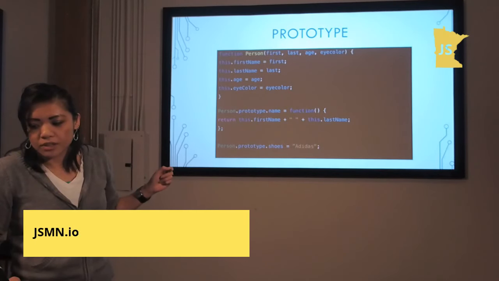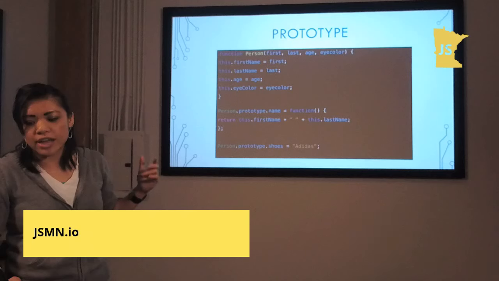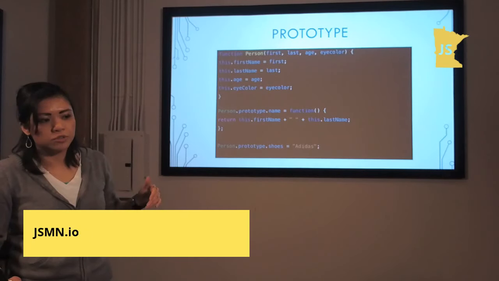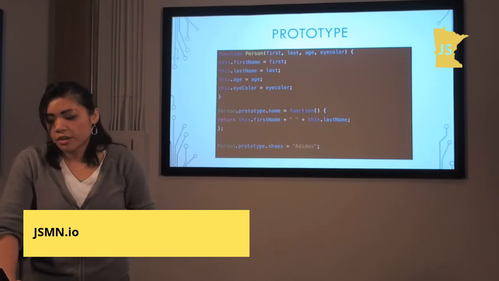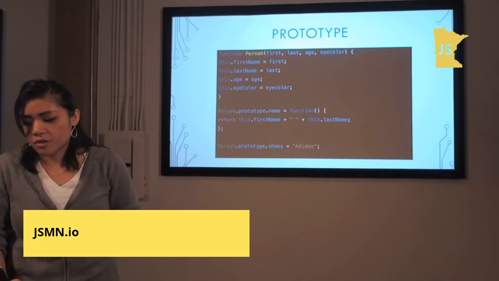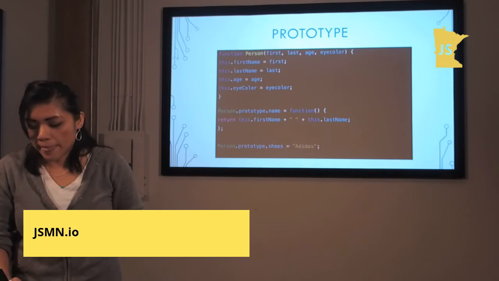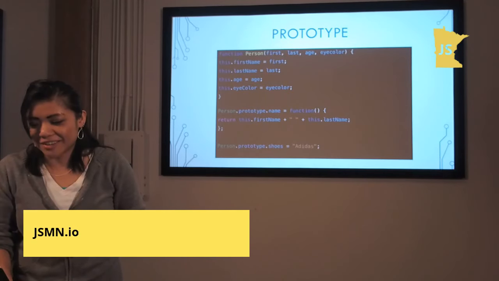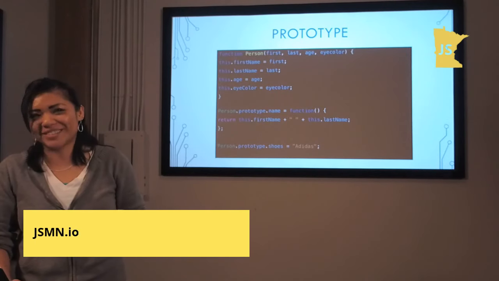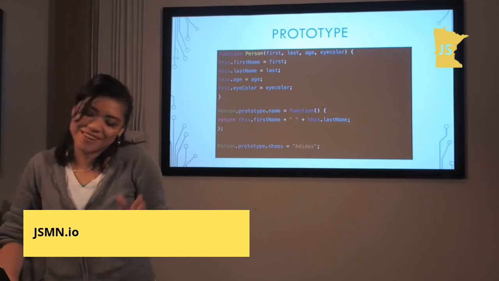So it allows you to add new properties to object constructors. Which is nice. I like to think of it as keep it simple, stupid, but it's really just DRY, don't repeat yourself. But anyway, whatever.